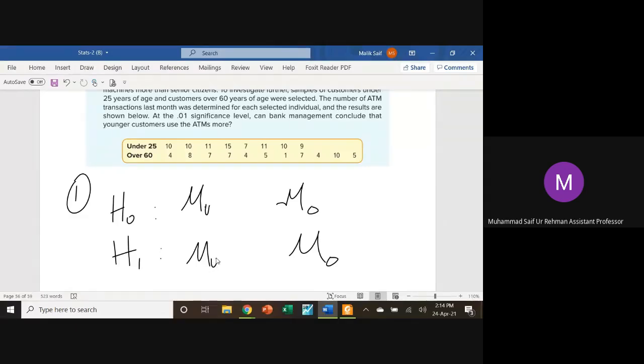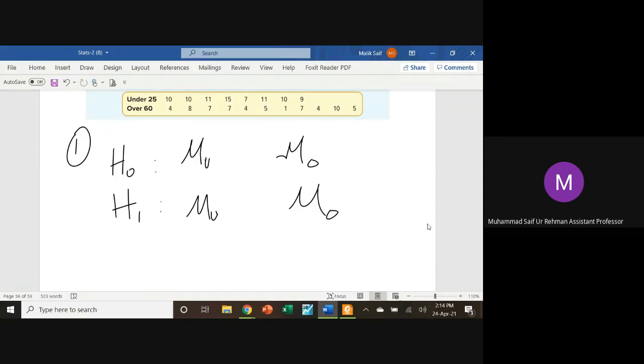Okay. And then you have to read this statement. Can bank management conclude that younger customers use the ATMs more? Youngers are those who are under 25. So they are using more. It means you will write down this notation. You will put this notation over here.